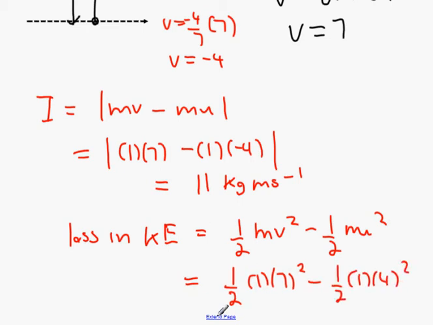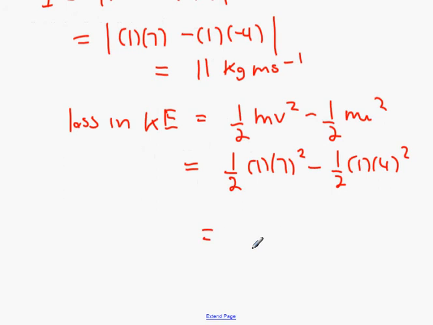Anybody want to tell me what that is? It's 49/2 minus 8. 16.5. Yeah, you're just going to nod to anything at the moment, so 16.5 joules, okay? So 16.5 joules.